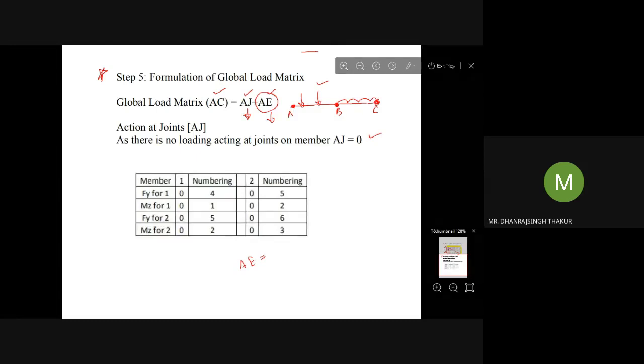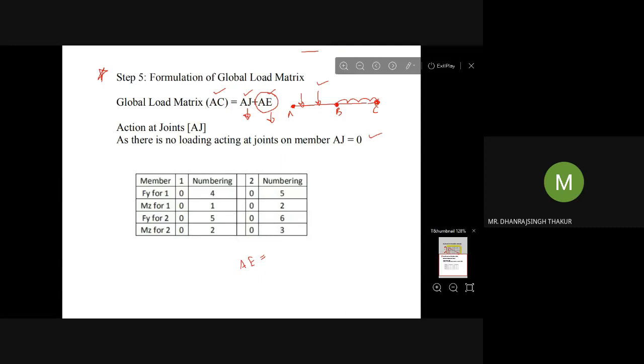Okay, so to assemble this AE matrix, whatever load is given on the member, you have to convert it at the joint, because your stiffness is the joint stiffness values. All the values to be taken in the stiffness method are joint values, we are taking them at the joint.